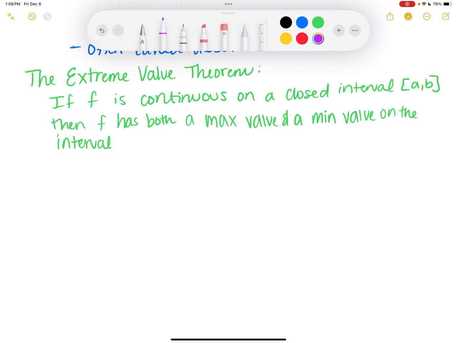The next thing is the local, or sometimes you'll hear it called relative extreme value.